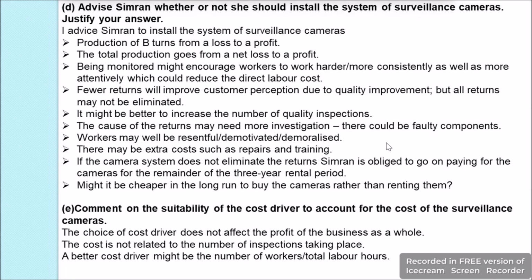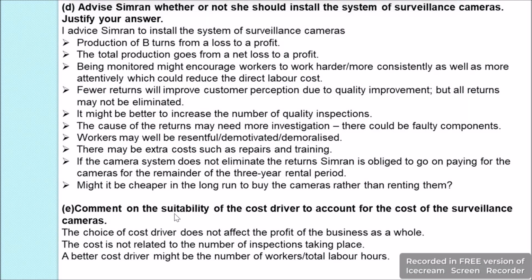However, this will further increase the cost of production by $18,000, which they have to pay for renting the surveillance camera, training and maintenance. So I would suggest that Simran should buy the cameras instead of renting them, which will be more beneficial for her in the long run. Thus, I advise Simran that she should install the system of surveillance camera, which will be more beneficial for her.